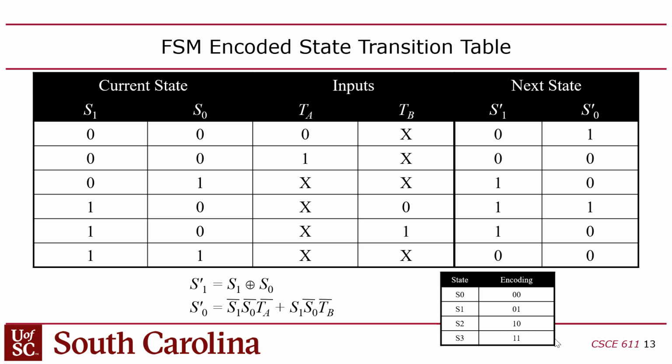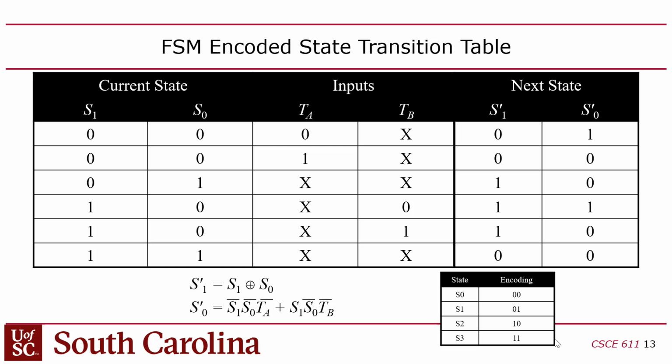And then once you have that, you can just use your skills from 611 to take the truth table and convert this to Boolean logic for the next state.